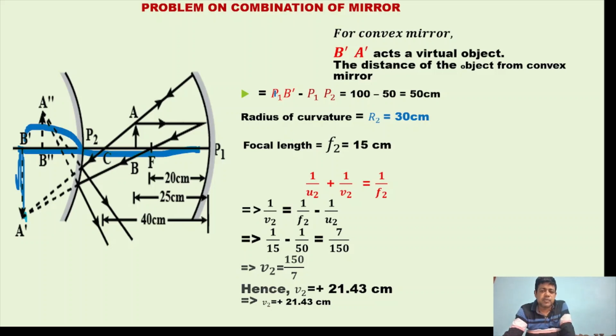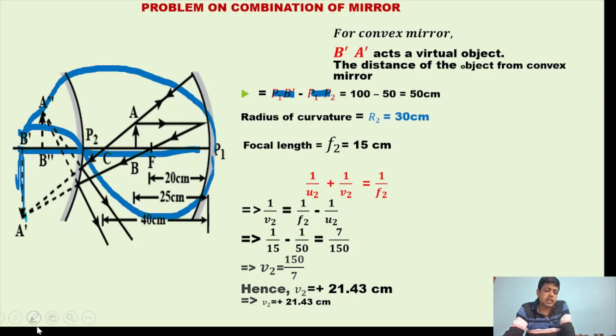P2 B dash is P1 B dash minus P1 P2, and then you will get 50 centimeter. So the object A dash B dash, which behaves like an object for the convex mirror, is situated 50 centimeter away from the convex mirror P2.